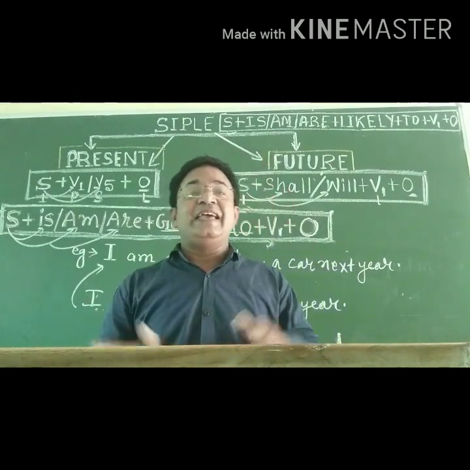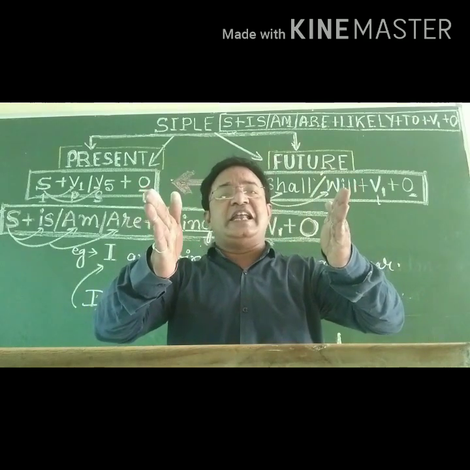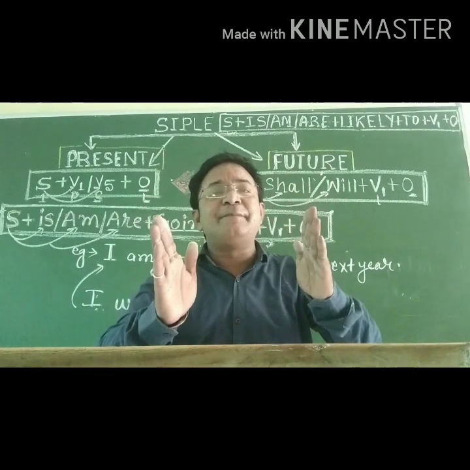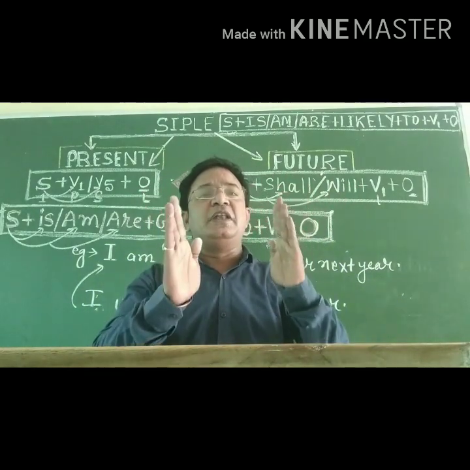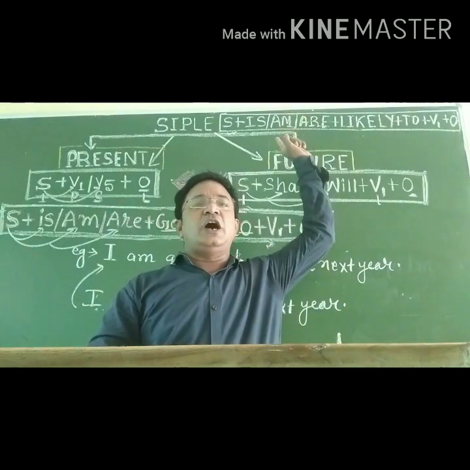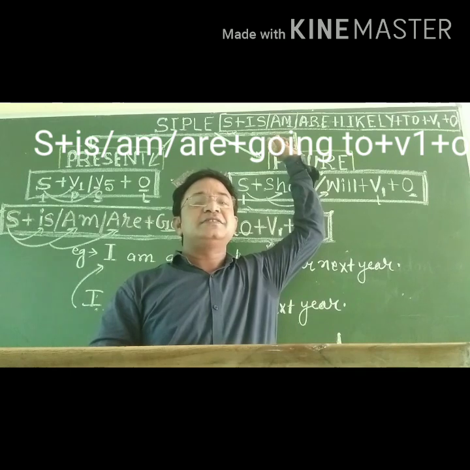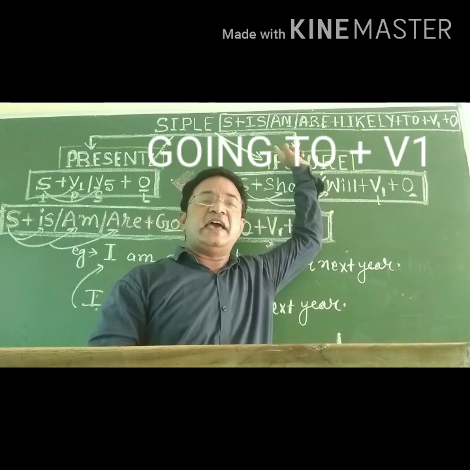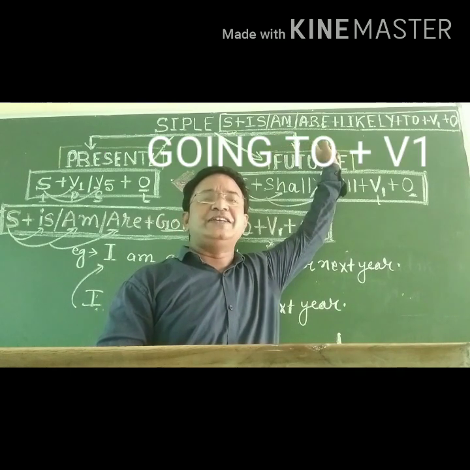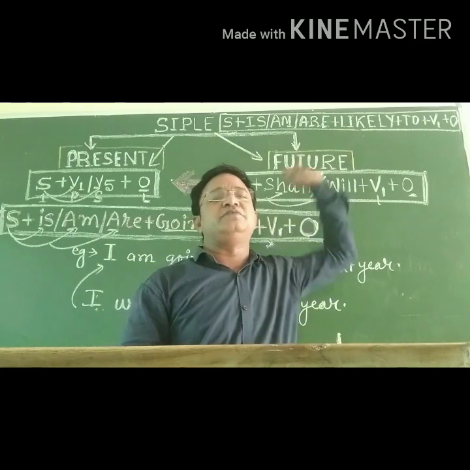In the same way, if our intention is very much clear, we have to use the going to formula, which is right on the top of the board as you are watching here. Subject plus is/am/are plus going to plus V1 plus object.